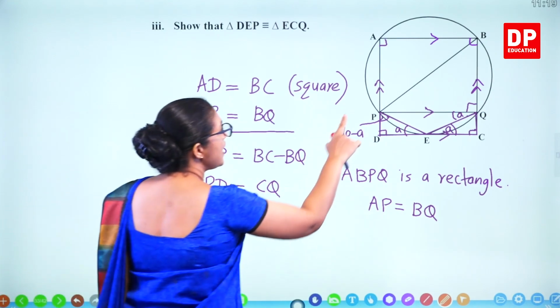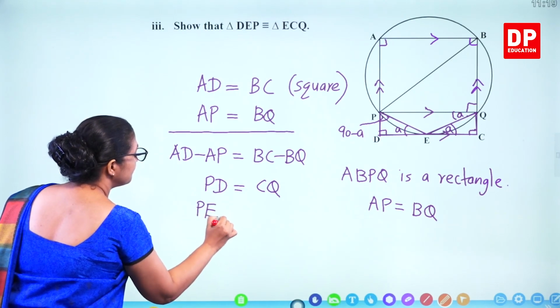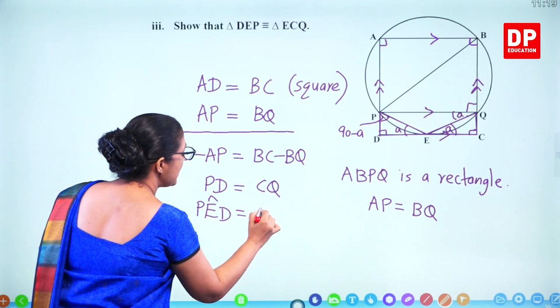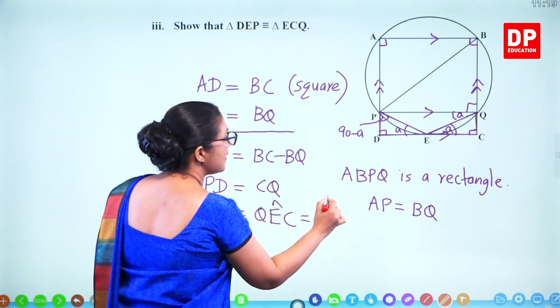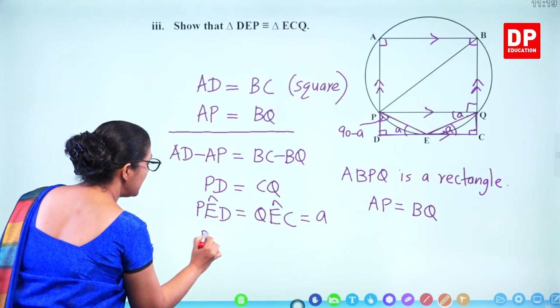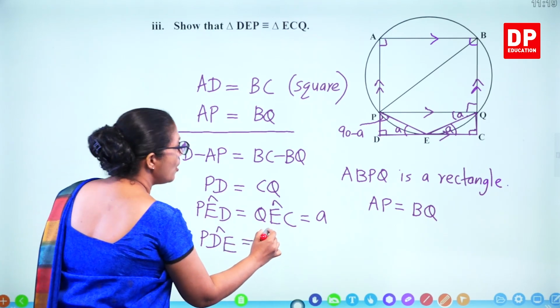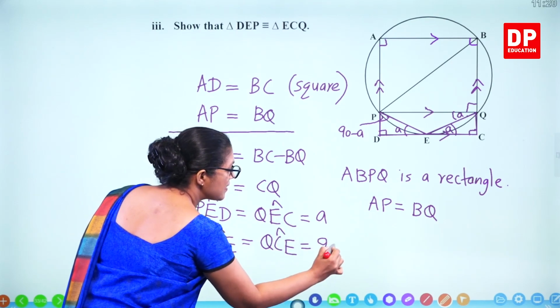And we can write PED angle is equal to QEC. QEC angle, that's A. And PDE angle is equal to QCE angle, that's 90 degrees.